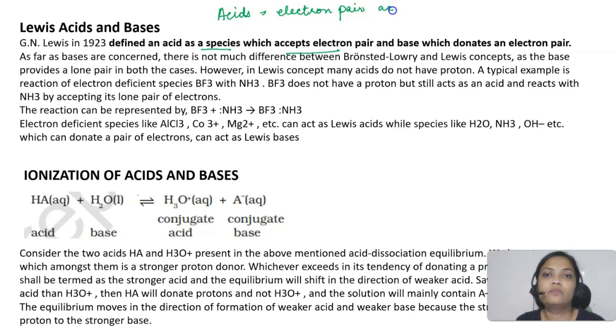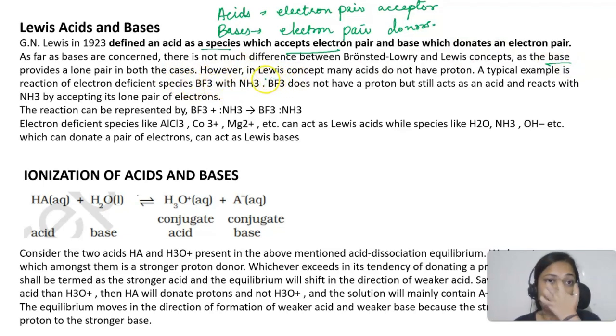So electron pair acceptors are the acids and bases are the ones which are electron pair donors, or they donate the electron pairs. So in this case the base is providing the lone pair of electrons.